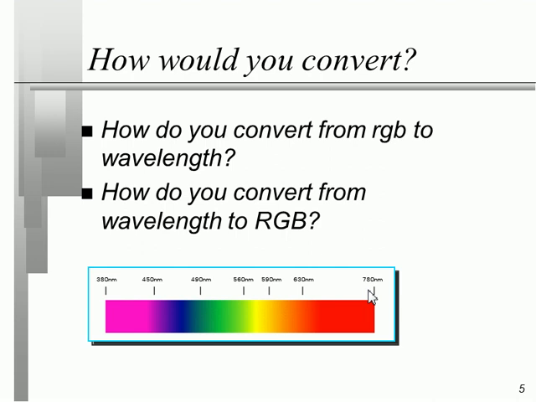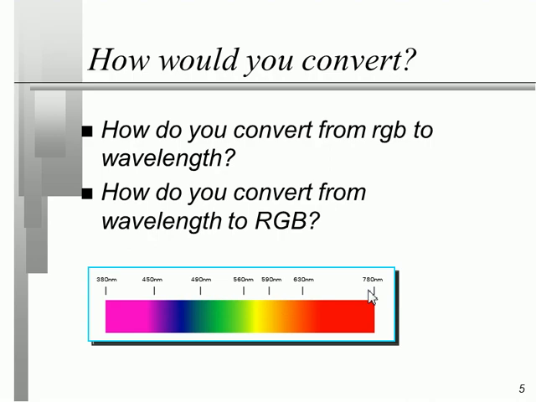So a lot of times what happens when we look at, I'll call them direct color images, is we're looking at 24-bit or more pixels, that is pixels with 24 bits of dynamic range or more. That's usually meaning that there's 8 bits of dynamic range for red, 8 bits for green, and 8 bits for blue.